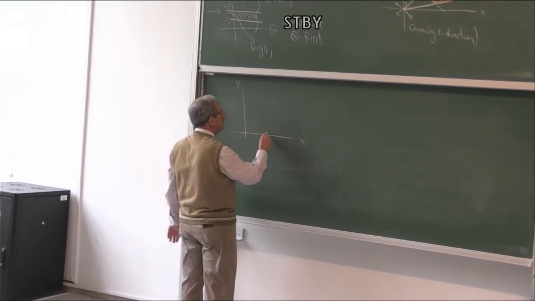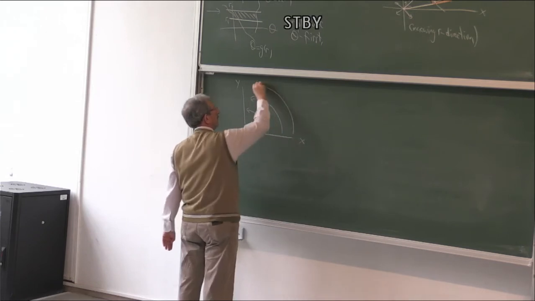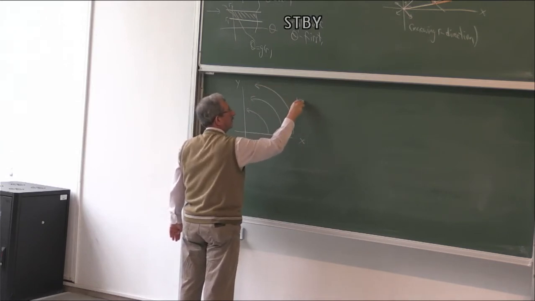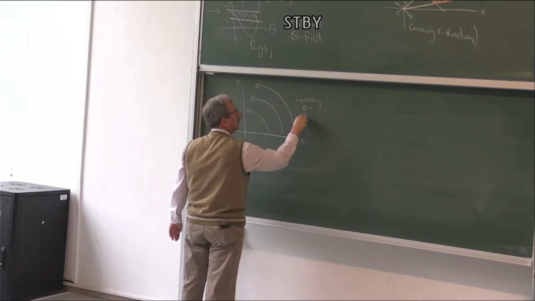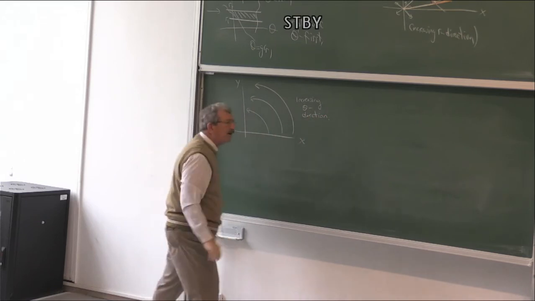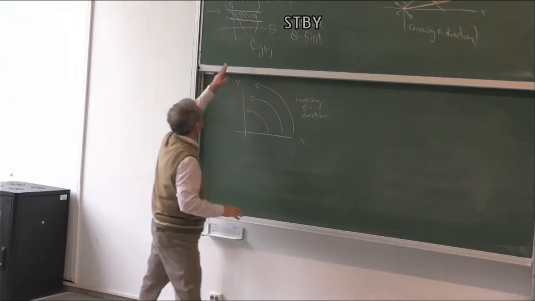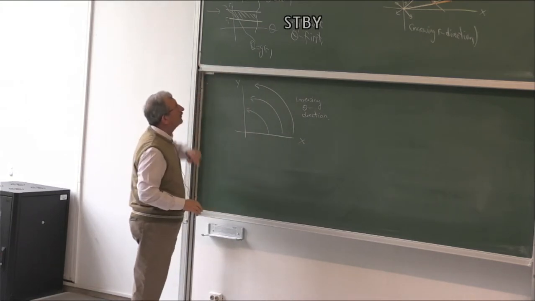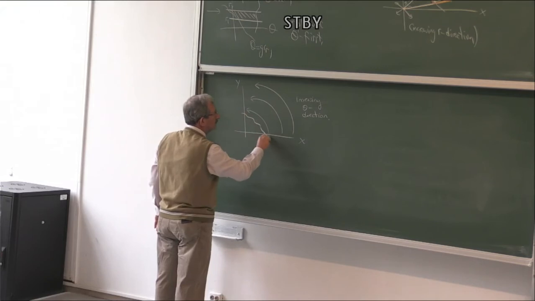So this is the increasing theta direction. Now, as theta increases this way, it hits a curve, okay? The first curve, theta is g of r, perhaps something like this.